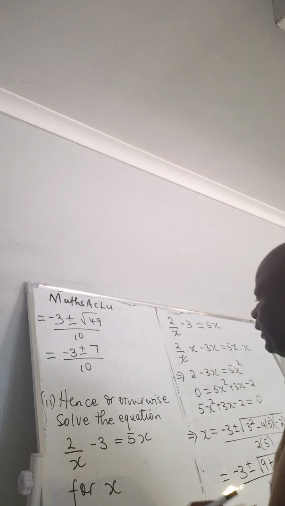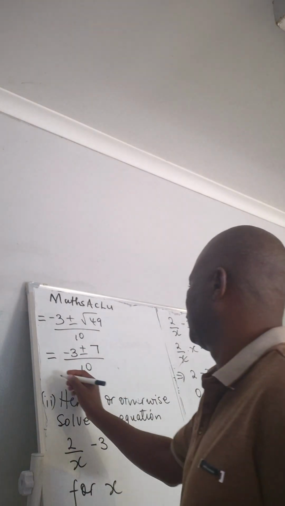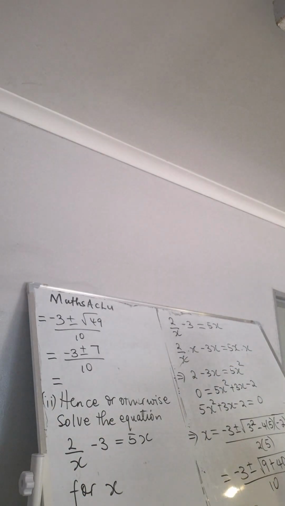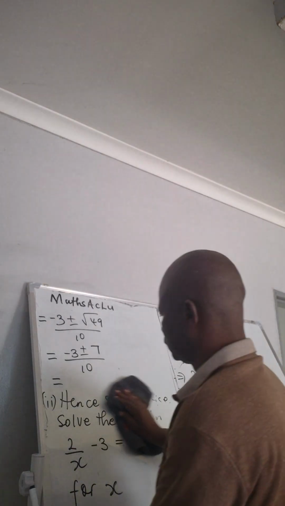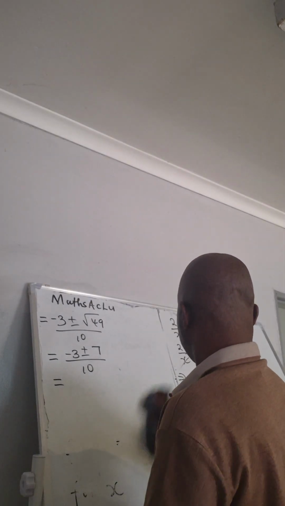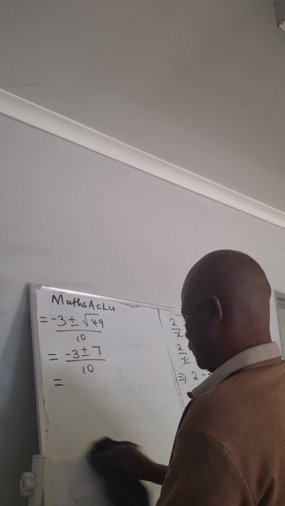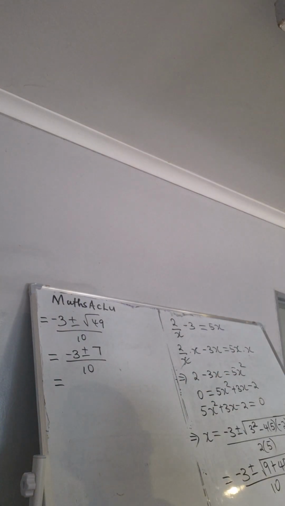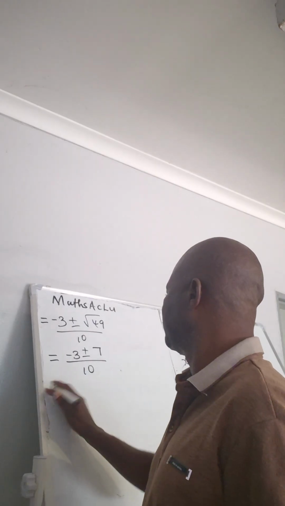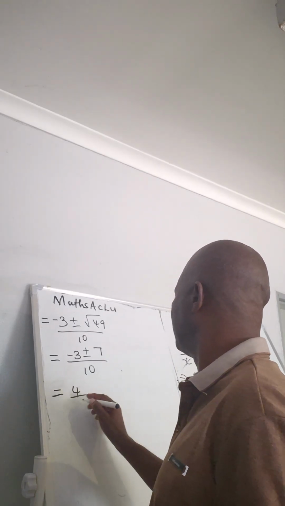So minus 3 plus or minus 7. Minus 3 plus 7 is 4 over 10.